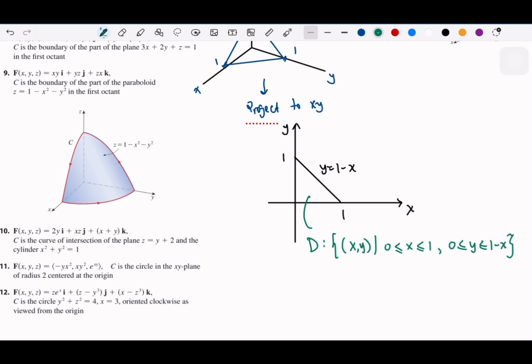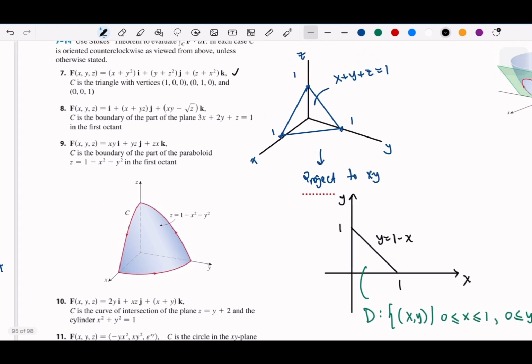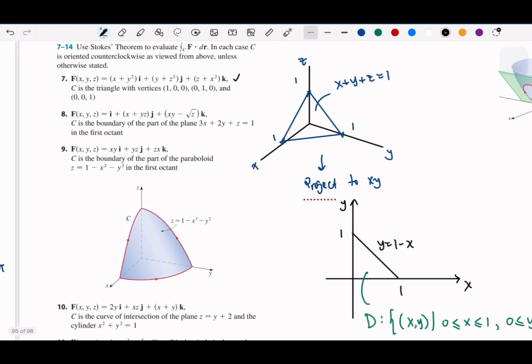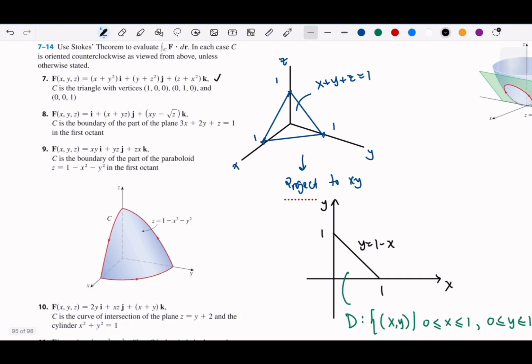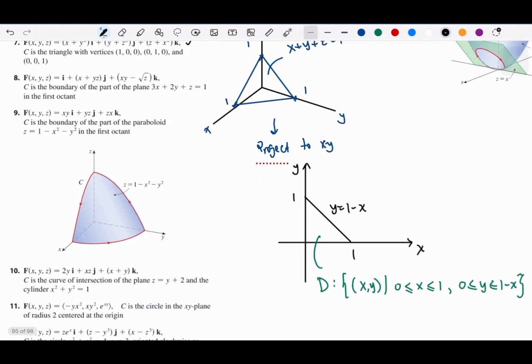Do you still remember how to do this in the double integral? Okay. So those will be the endpoints. And what else? So all of C will be oriented counterclockwise, which is positive, so this will be the default.